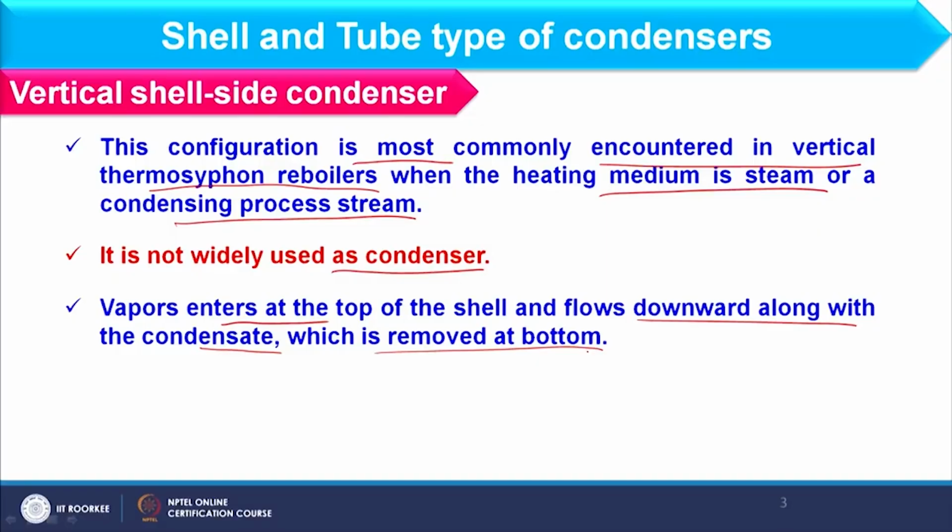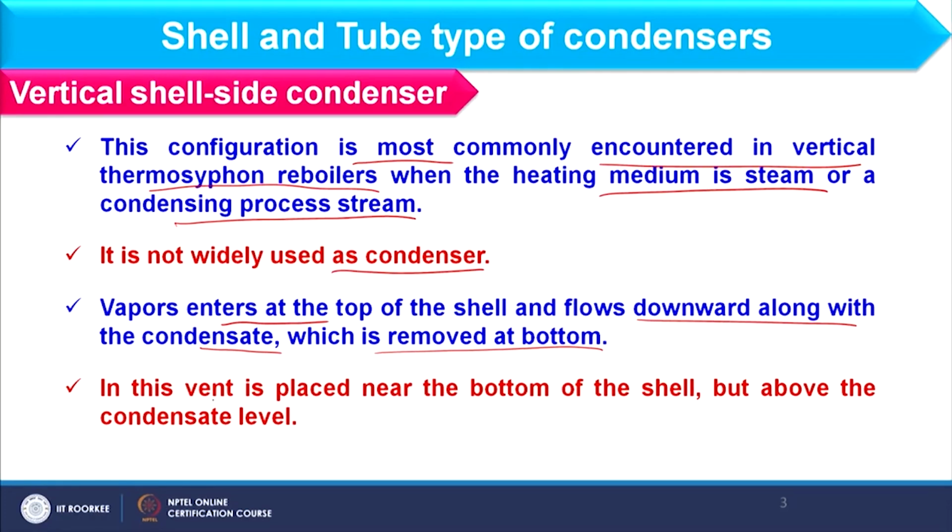So, at the bottom condensate is accumulated and it will block the movement of vapor from the bottom. Therefore, vapor enters from the top and as condensate proceeds the liquid as well as vapor both will move downward because when vapor is entering from the top vapor does not have any further space to move upward. So, definitely it will move downward with the condensate and condensate can be removed from the bottom.